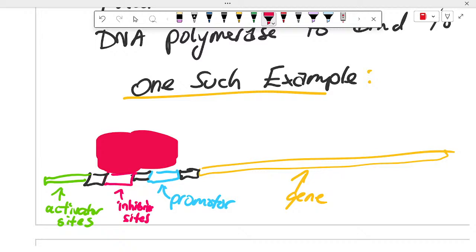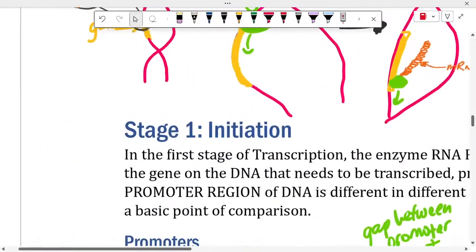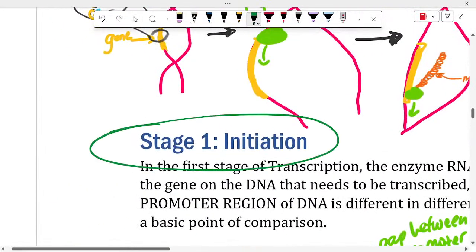Does that make sense? Mechanisms like that are how the cell manages when to transcribe a gene and when not to. In other words, they are how a cell either initiates transcription or doesn't initiate transcription.